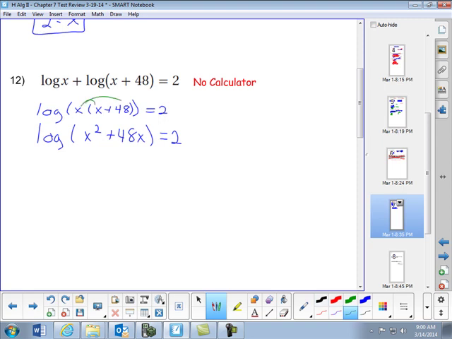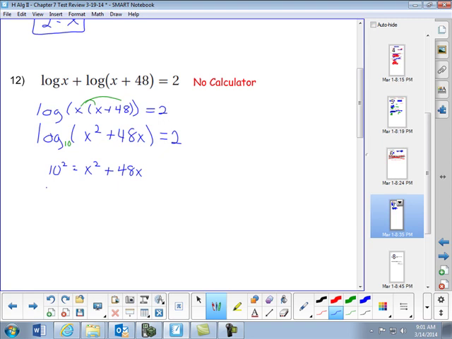Okay. Well, we are now in single log form, so we're going to change it to exponential form. What is our invisible base? Hopefully you guys remembered the invisible base of the common log is 10. So we can now swoop. And when we swoop, we get 10 squared equals x squared plus 48x.